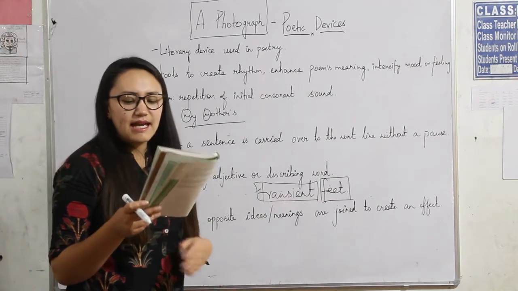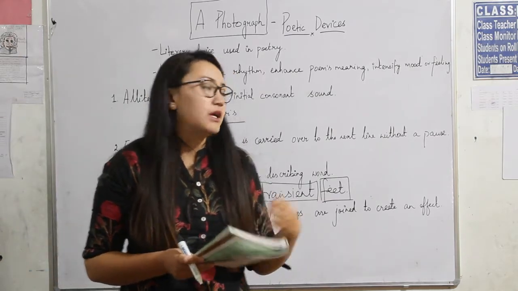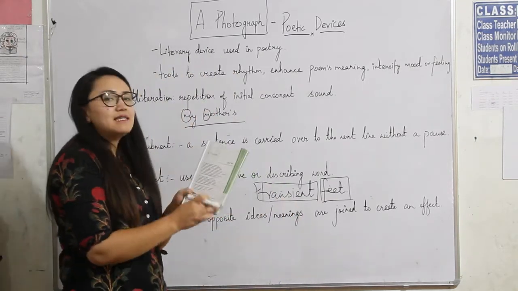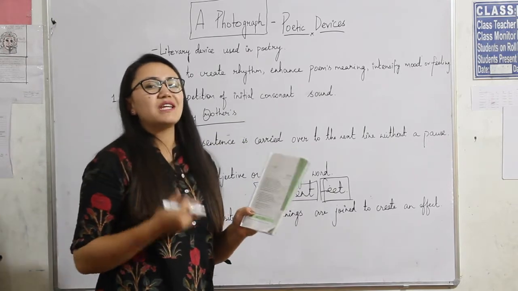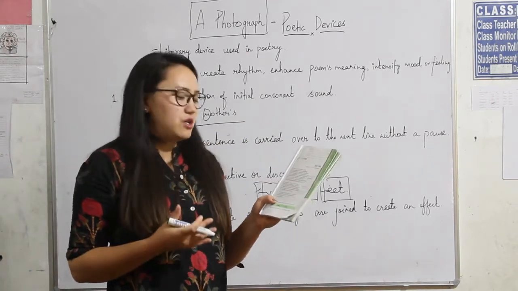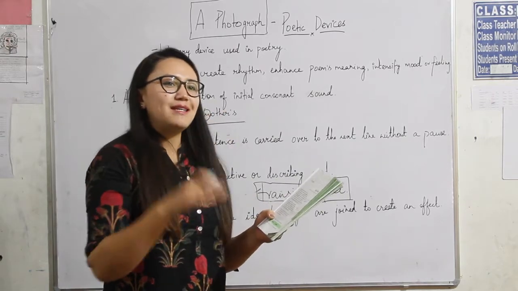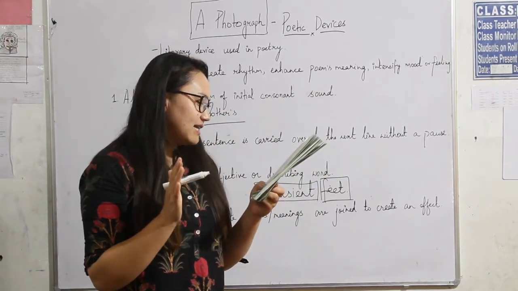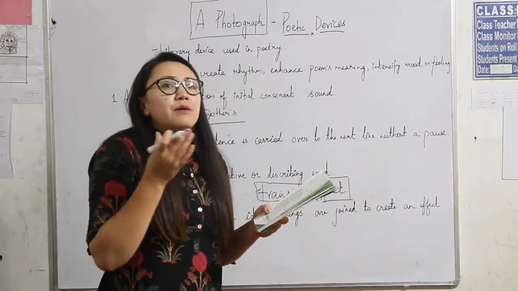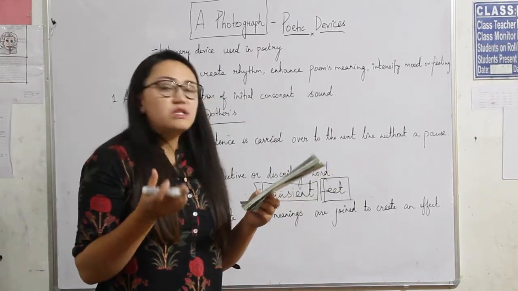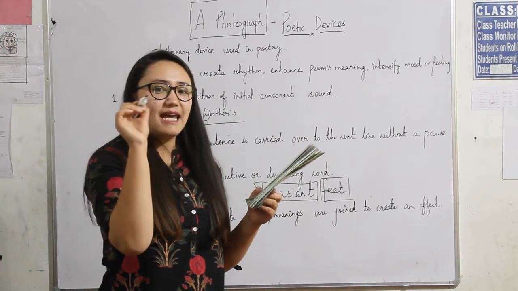Now, in this stanza, you will find enjambment, where the poet has not used any pausal punctuation. The meaning of the stanza is continued over 4, 5, 6 lines, and between those lines he has not used any punctuation at the end of the line.